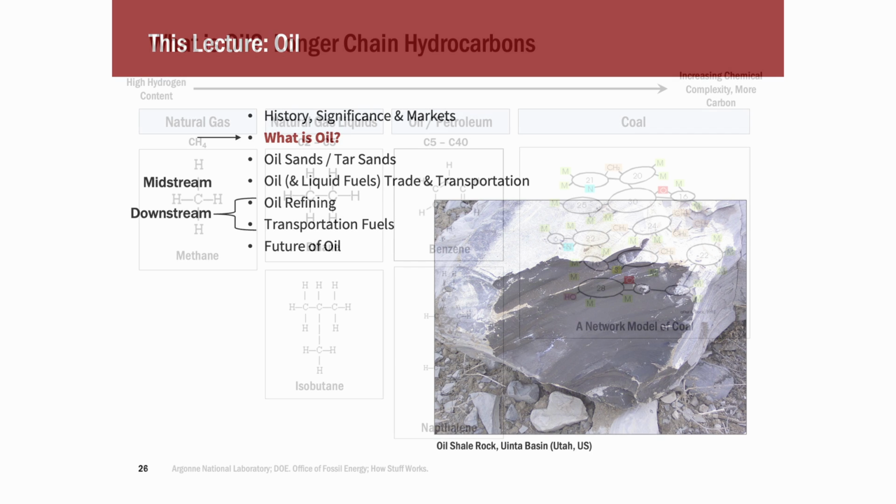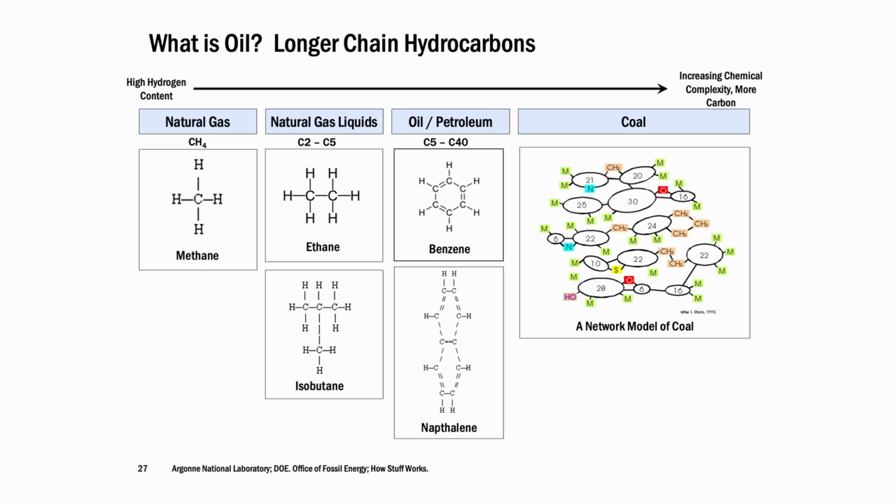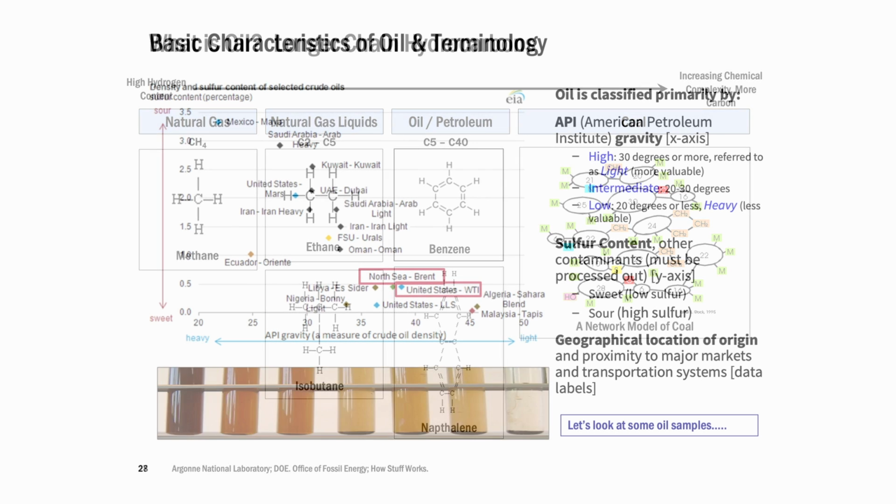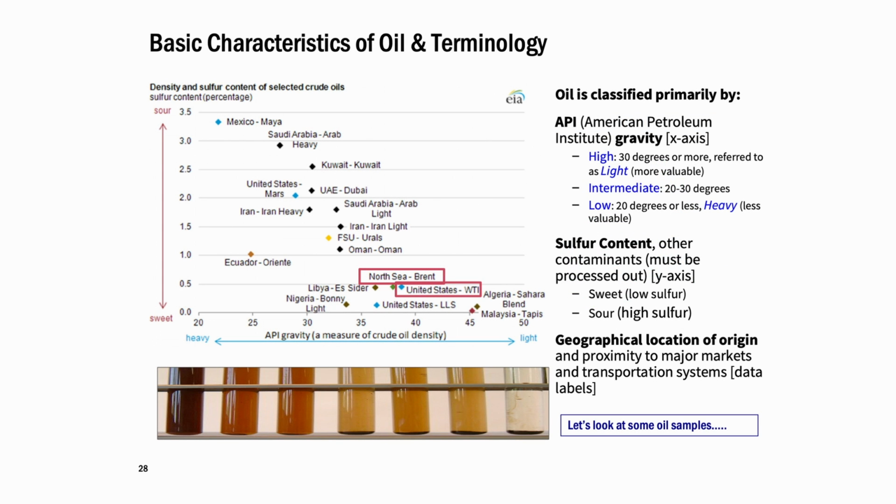Let's talk about oil. So you've seen this before. If you just think about a progression of complexity of hydrocarbons, natural gas is a really simple one. Oil is getting more complex, and then coal is even more complex. Longer chains of hydrocarbons is our oil. And so like natural gas, we have these ways of talking about our oil.